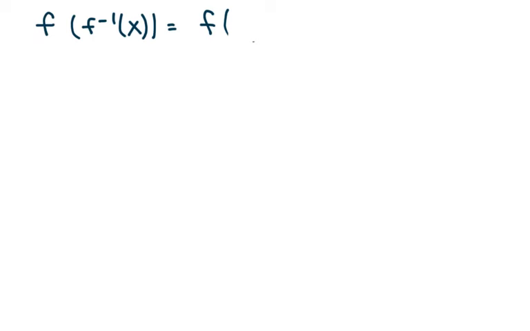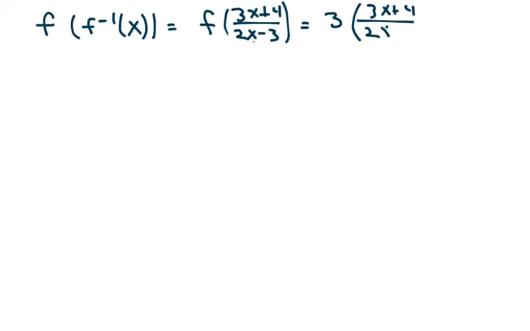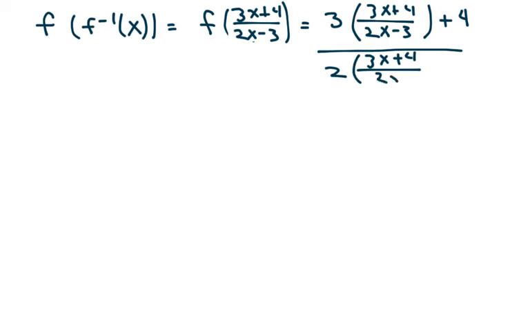F of 3x plus 4 over 2x minus 3, sorry about that, which gives you 3 times 3x plus 4 over 2x minus 3, plus 4, over 2 times 3x plus 4 over 2x minus 3, minus 3.